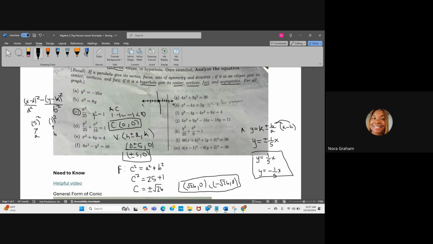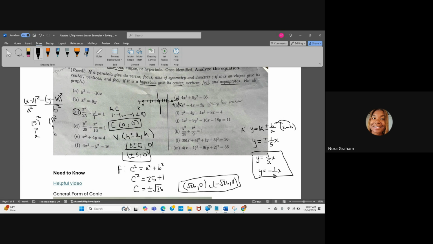That's my other vertex. Cool. Then I have my foci, square root of 26. Square root of 26 turns out to be a decimal. I think it's like 5.09 something. So that's going to be in both directions. I'm just guessing where they're going to be a little bit. It's going to be like right here, a little bit over here. That's my foci.